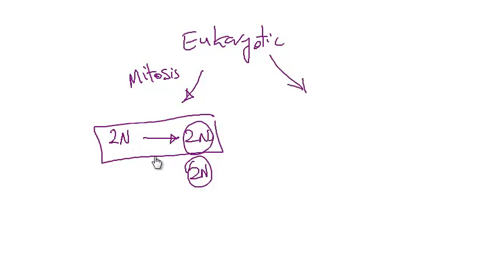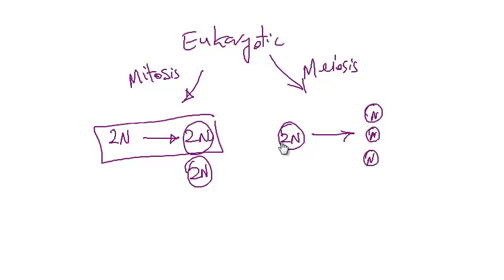Versus in the meiosis process, where you see in germline cells, a 2N germline cell gives rise to 4 different haploid cells. And these are sperm, or if you're talking about the female ovaries, it would be an egg.